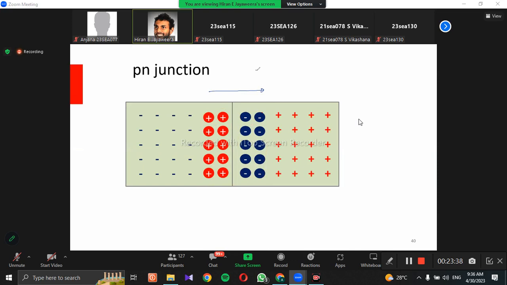If it is silicon, this electric field is 0.7 volts. If it is germanium, this electric field is 0.2 volts. And this electric field we sometimes call the barrier potential, the potential that acts as a barrier.